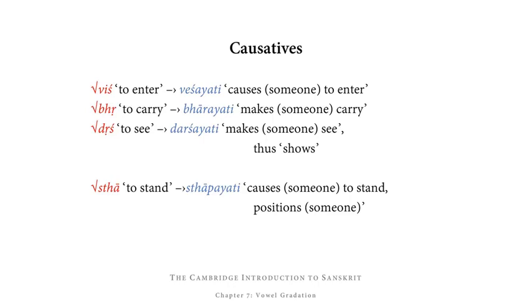What's happening here is that we take these roots, we put them in whatever vowel grade is enough to make these first syllables long. So from vish, zero grade, we just need vesh, guna, to have a long syllable. From bhr, we need to go not to guna, bhar, but to vriddhi, bhar, to have a long first syllable in bharayati.